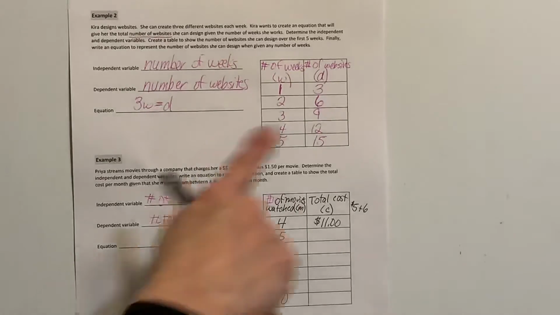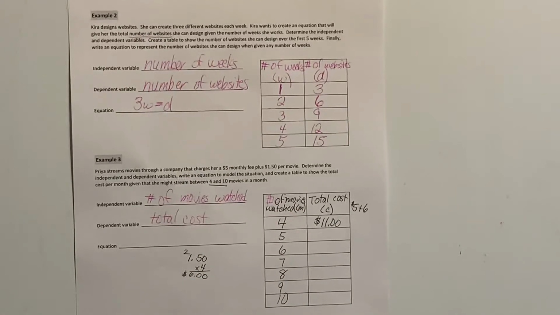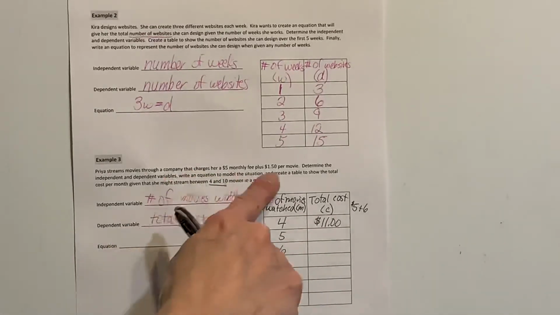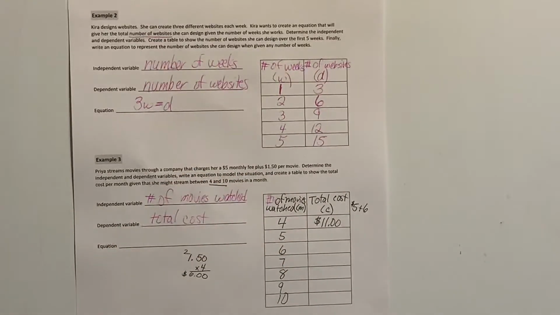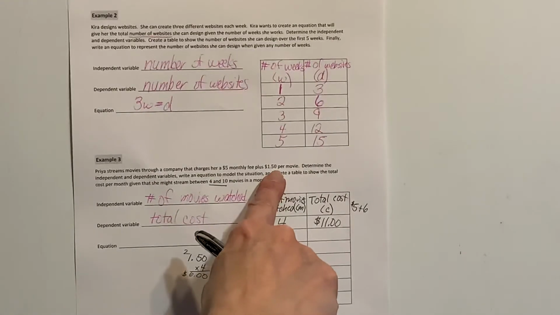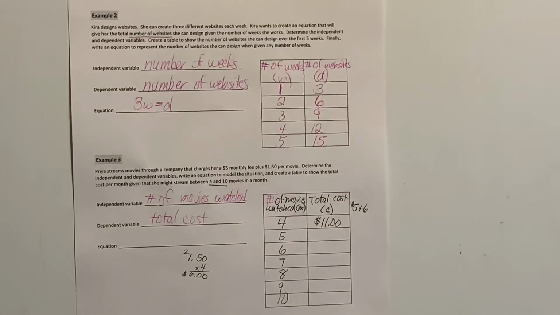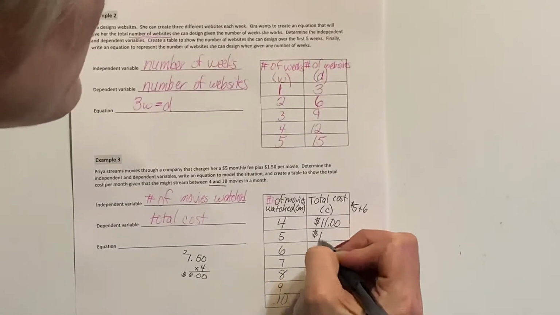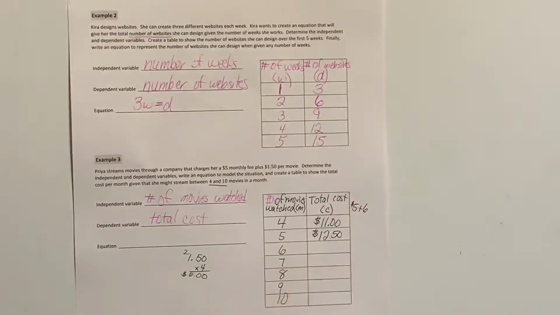Now, what if she streamed 5 movies? How's that going to change the overall? So I've got my baseline with my $11. What's going to be the difference between the 4 movies and the 5 movies? Well, if I go back up here, the monthly cost isn't going to be any greater. It's only going to be adding another $1.50 for the extra movie that she watched. So I'm adding another $1.50, which would be $12.50.